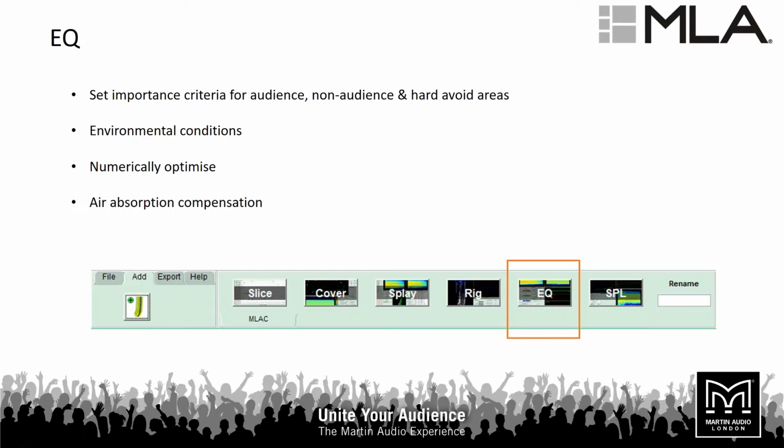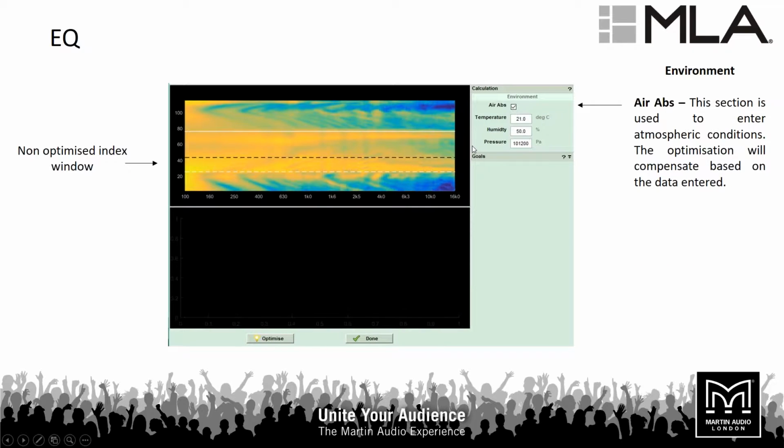So here we go. Again, this is an index plot, and this is something that we use quite regularly in the software. So in this plot, if you imagine that our slice has actually been unraveled into a straight line, then this is the stage here. This white dotted line actually shows the start of our audience area.